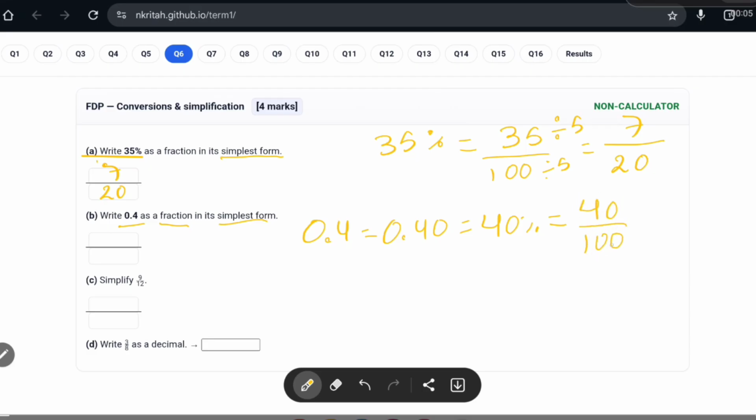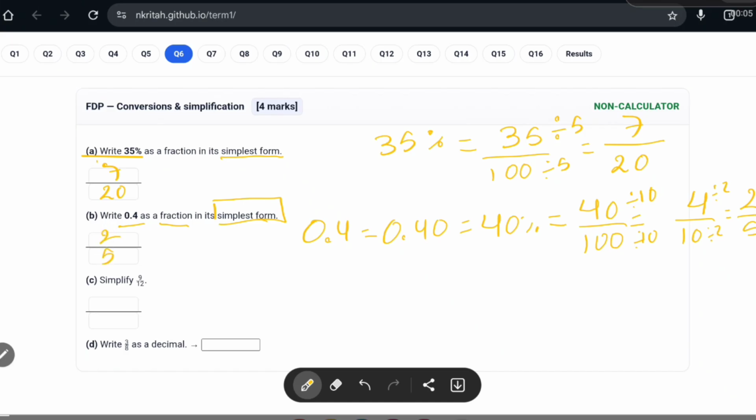After that, we're gonna need to simplify this fraction by dividing by 10 first, which will be the simplest step. That's gonna give us 4 over 10. And then we can simplify that again by dividing by 2, which is gonna give us 2 over 5. And we got the simplest version of that fraction.